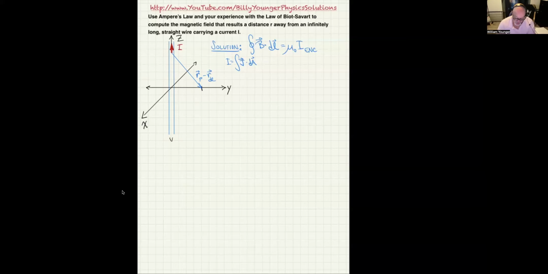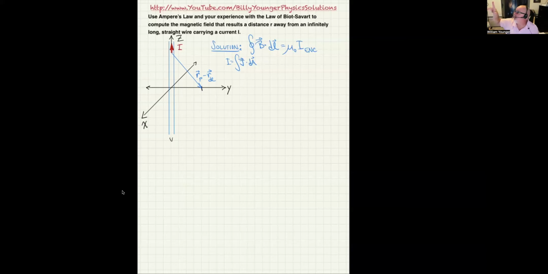So if you imagine taking a cross product of the dl, which is in the k hat direction, that way, with the rp minus r dl, which points down and to the right. You see my index finger, and my middle finger is pointing sort of parallel to the blue rp minus r dl vector.